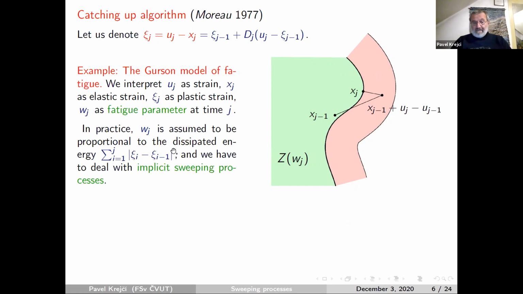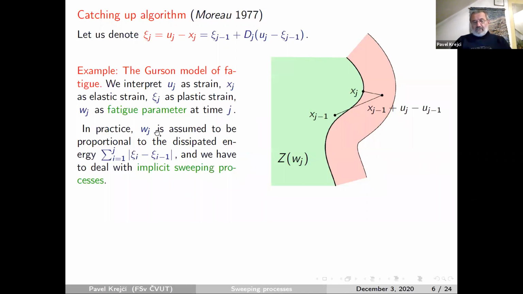But of course, in the Gerson model, the fatigue wj is assumed to be proportional to the dissipated energy, which is the total variation of the plastic strain increments. Which means that our sweeping process will be implicit. So the wj is not really an input. This is an artificial input, and at the end I will show that this problem can be solved by a kind of fixed point principle.